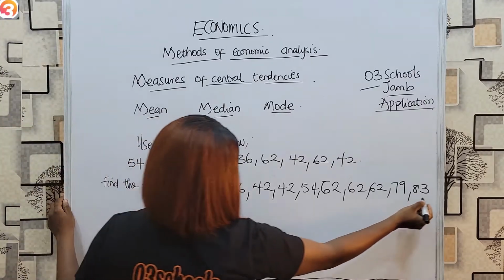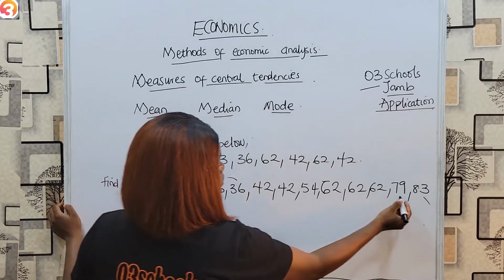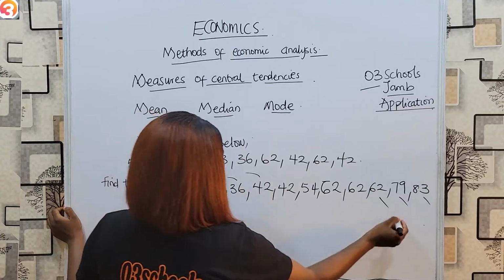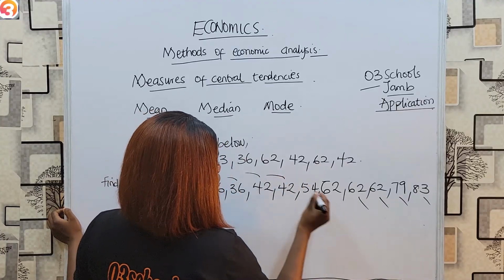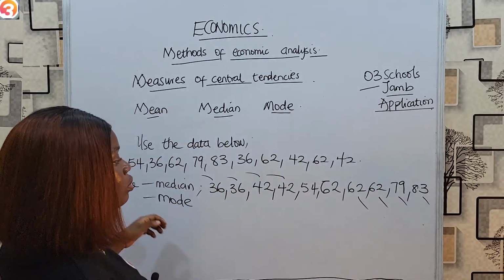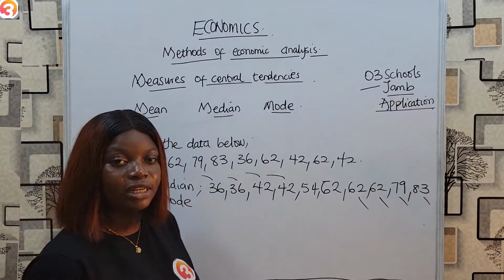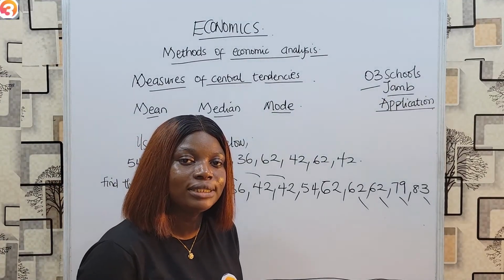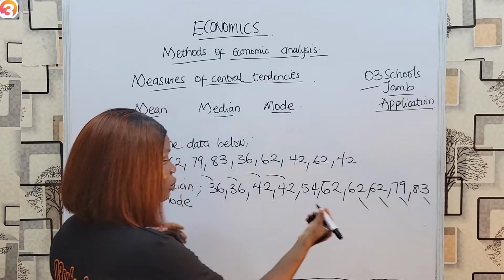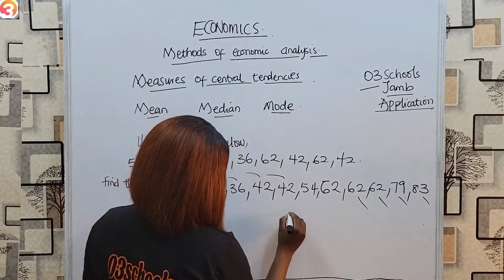So now let's see the middle number. We have 2 numbers left at the middle, and we said when we have 2 numbers left at the middle, an average of the 2 numbers is taken as the median.